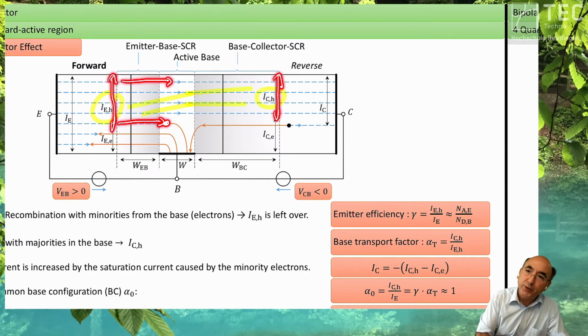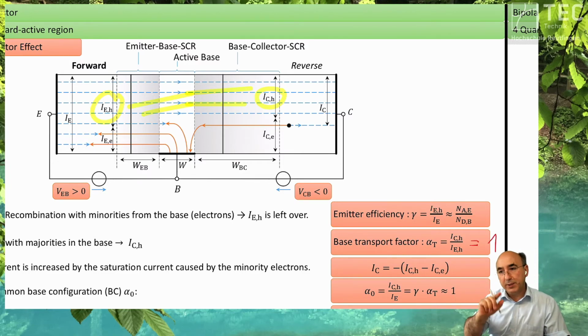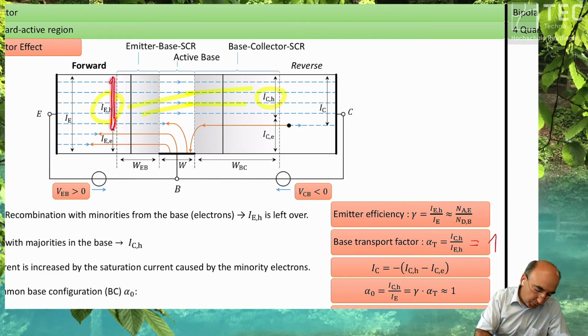You have a certain recombination. That means the base transport factor is assumed to be 1 by physical dimensions defined in the manufacturing process. So what portion is reaching the collector? Hopefully the same portion.